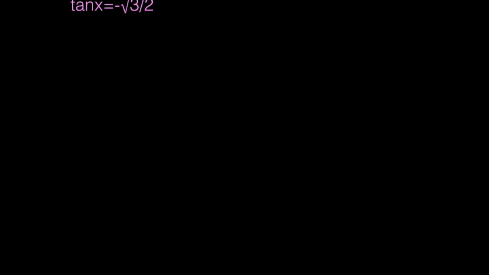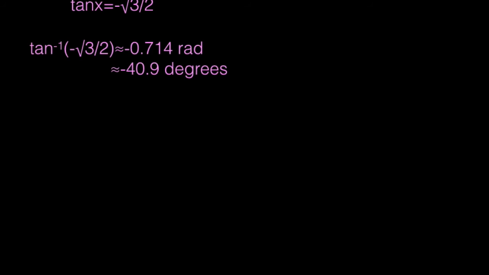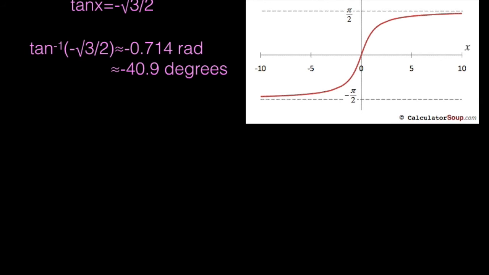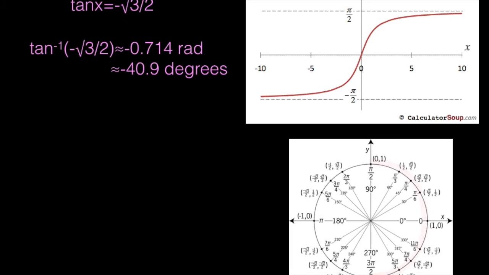Now let's look at the x values that make tangent x equal to negative root 3 over 2. If we take the inverse tan of negative root 3 over 2, we get negative 0.714 radians, or negative 40.9 degrees. Again, the inverse of tangent only gives us values that range from negative pi over 2 to pi over 2. So on the unit circle, it's only this part that is marked by the red marker.